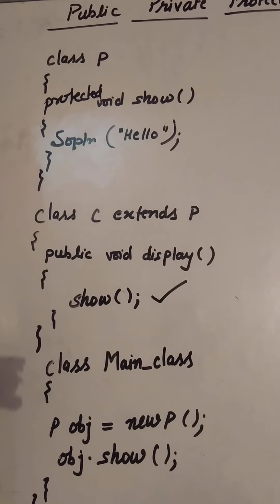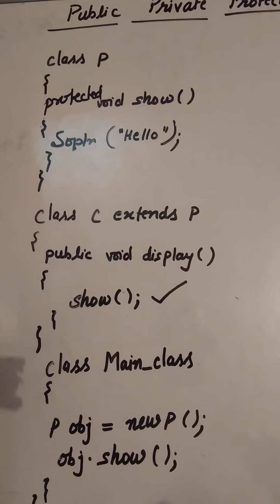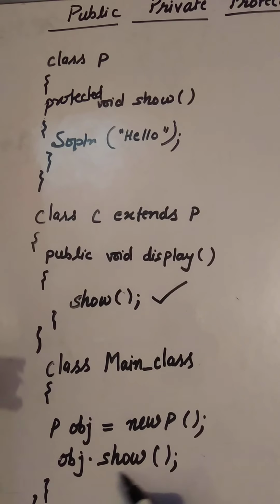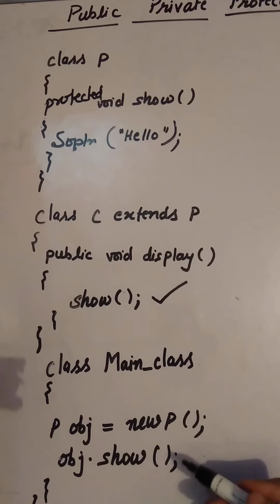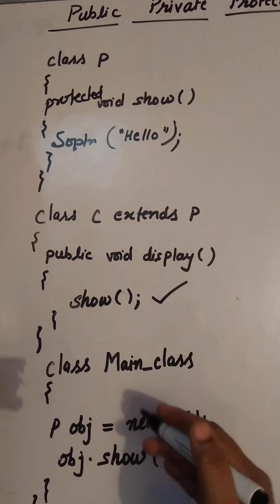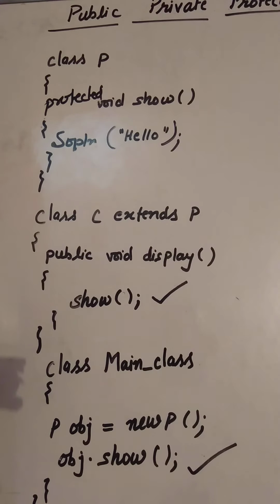Okay, it's protected, but protected is used to inherit or display the method only within the class. And here we can also create the object of the class, which means we can call the function by using the object because it is part of the class.